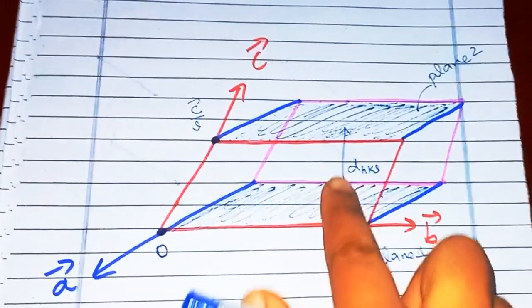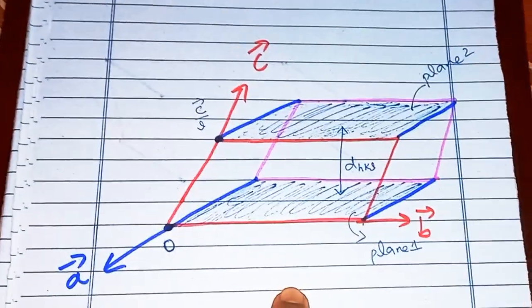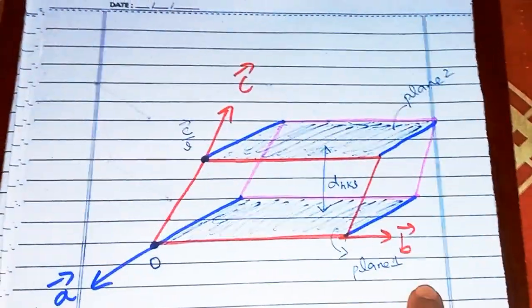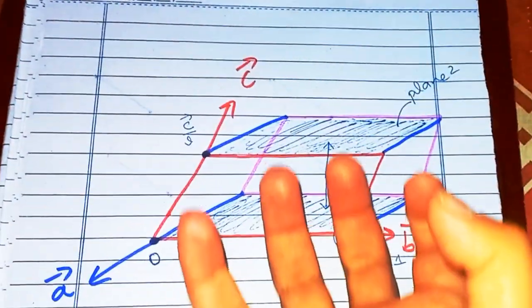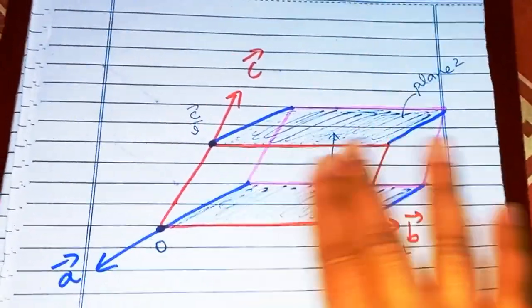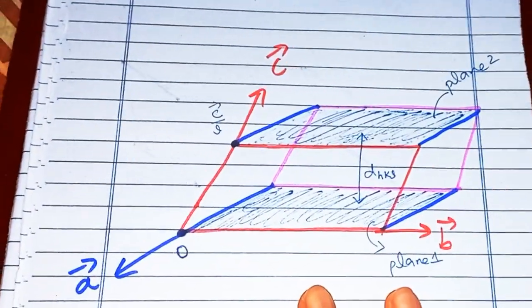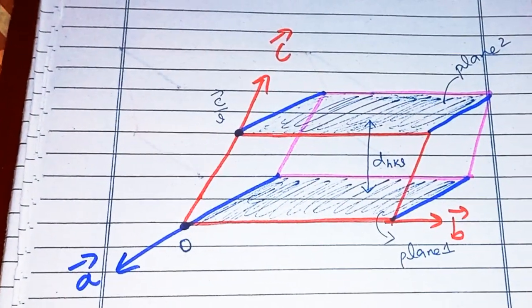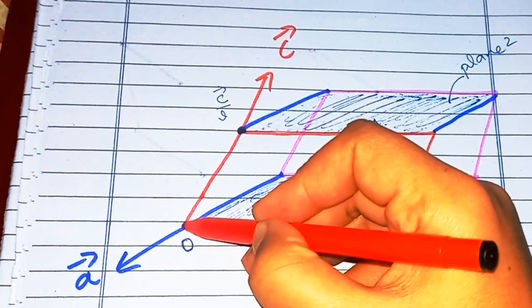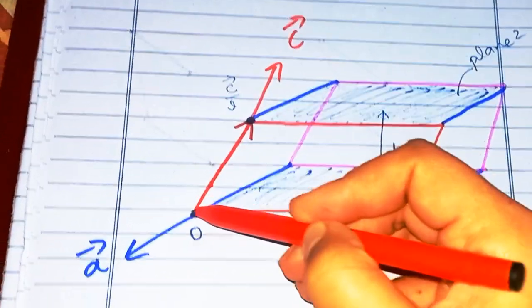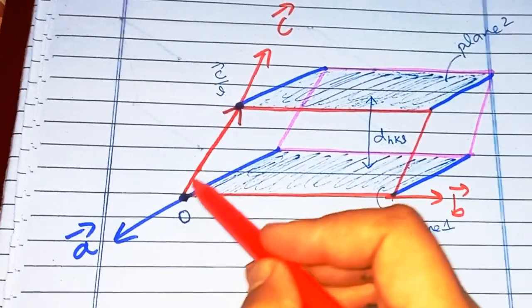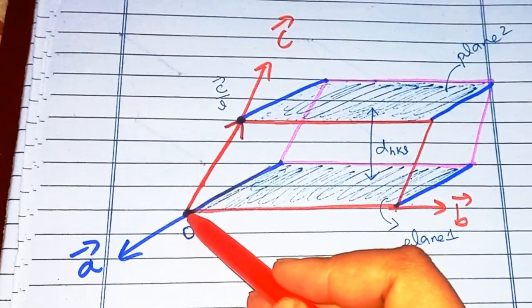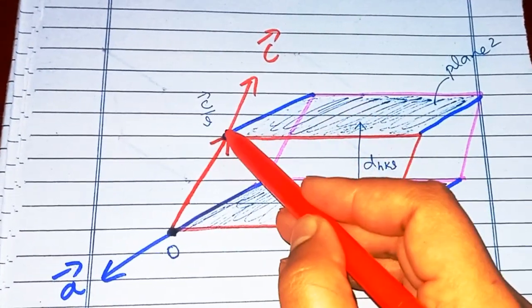Now let's see how we can find the interplanar spacing out of this figure. Again, as I told you earlier, this doesn't represent the original shape of the crystal lattice. It's just that we took one chunk where the two planes were lying, so that we can find the interplanar spacing and prove the formula that we wanted to prove. Here you can see, in other words, this is plane 1 and it is touching the c-axis at this point, and plane 2 is touching the c-axis at this point.